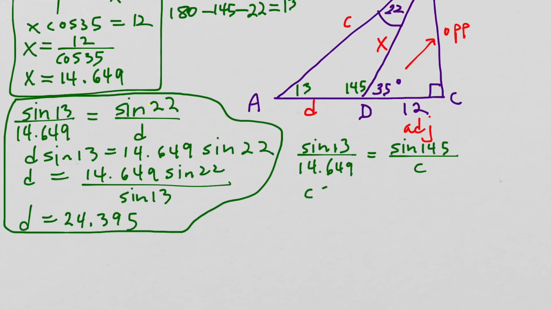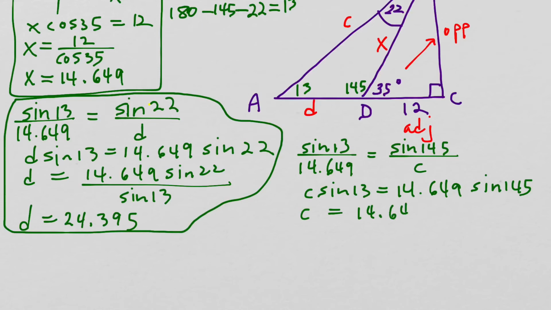So c sine 13 equals 14.649 sine 145. c is 14.649 sine 145 divided by sine 13. Typing that into the calculator, I'm getting 37.353.